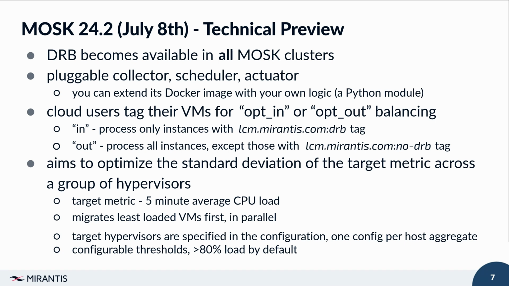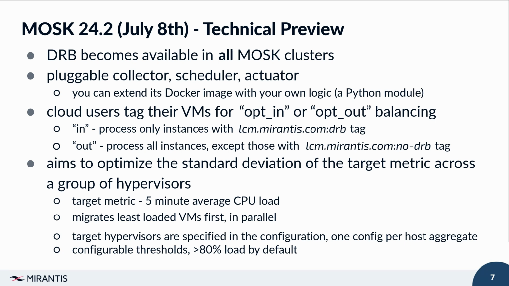What opt-in and opt-out mean is basically how the VMs are selected for optimization. Opt-in means that instances, another term for VMs in the OpenStack world, will be handled by the DRB service only if they have the lcm.mirantis.com/drb tag assigned to them explicitly.